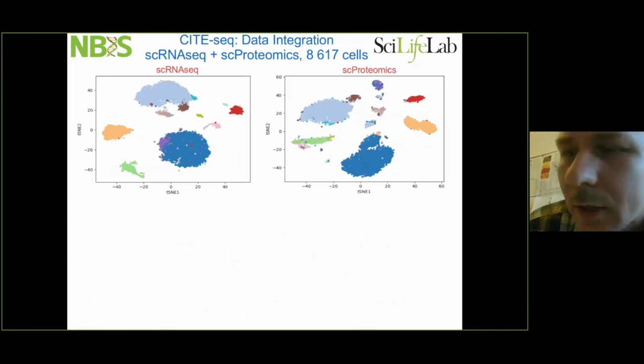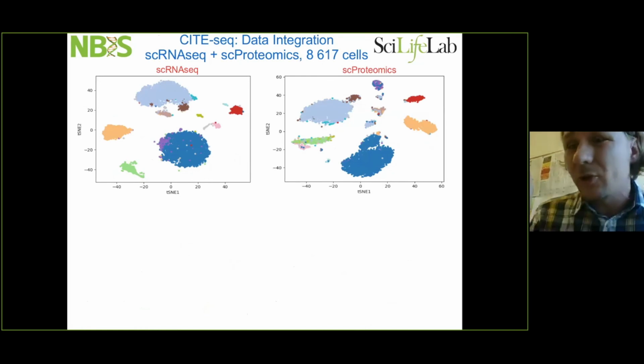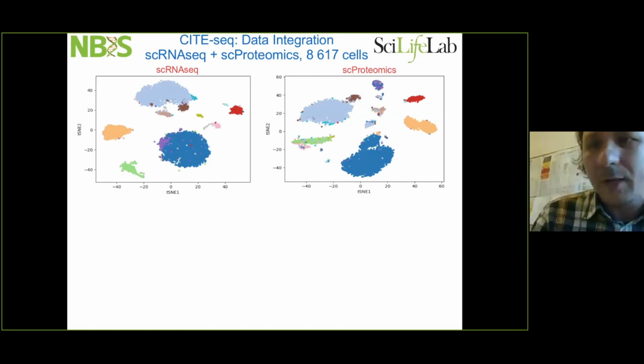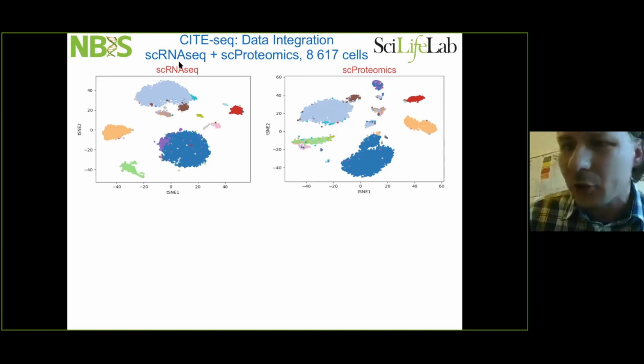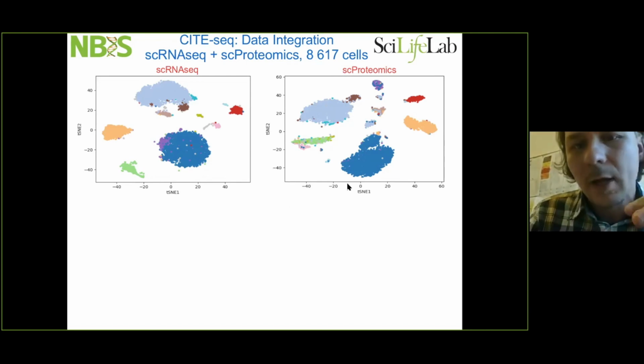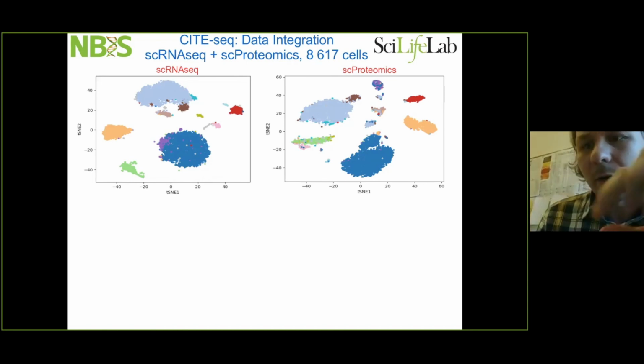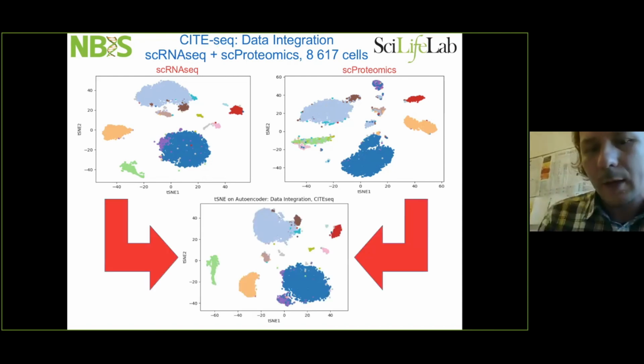Another thing you can use neural networks for is data integration. This is an example from CITE-seq technology, which delivers two types of biological information: transcriptomics and proteomics. You can combine those two types of information by merging them in a hidden layer of a neural network, and get again this purple cluster.